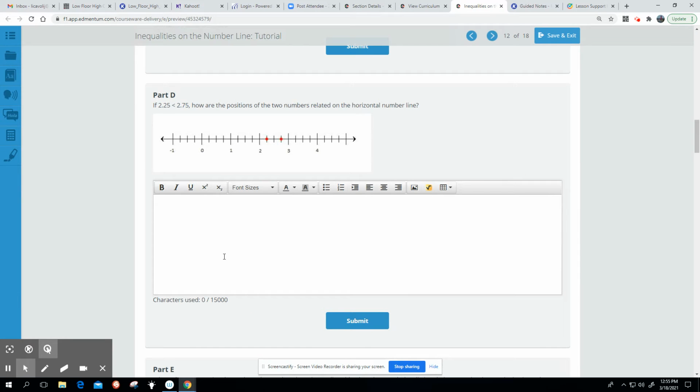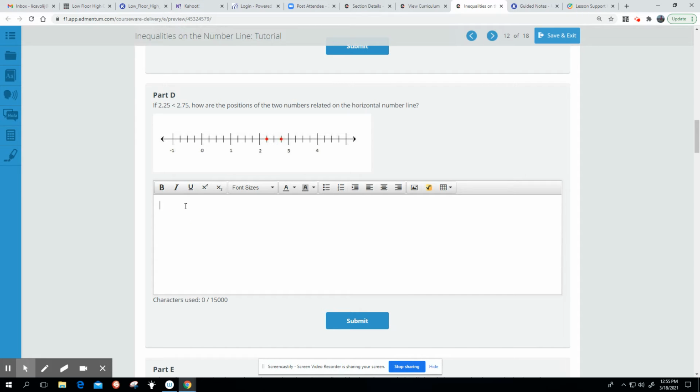Part D, if 2 and 25/100, 2.25, is less than 2.75, how are the positions of the two numbers related on the horizontal number line? So this time we have a less than symbol. So that means that 2.75 is the greater value because of the opening of that symbol.